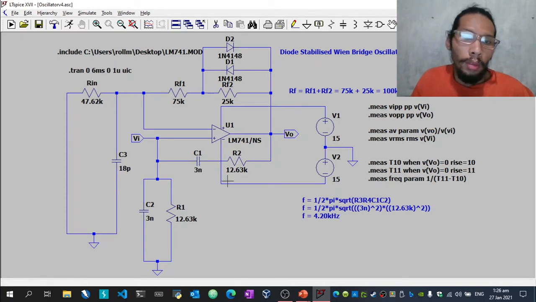And this is the lag network and this is the lead network.